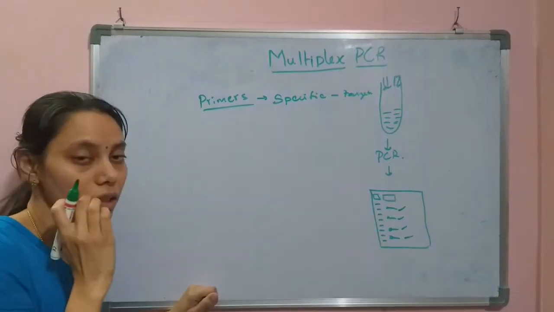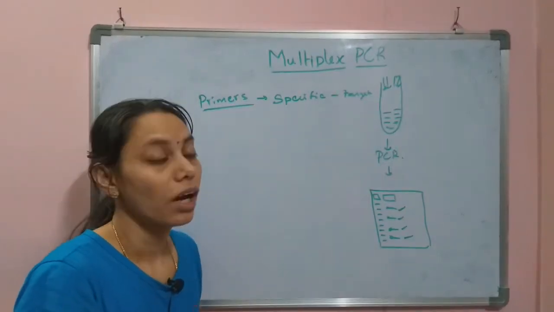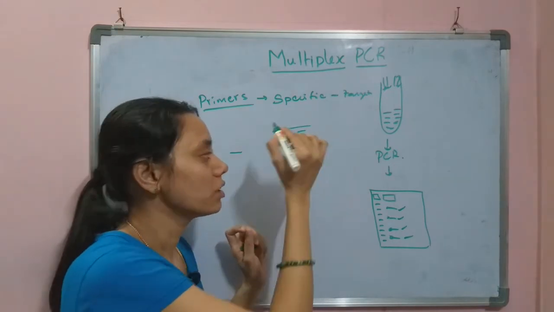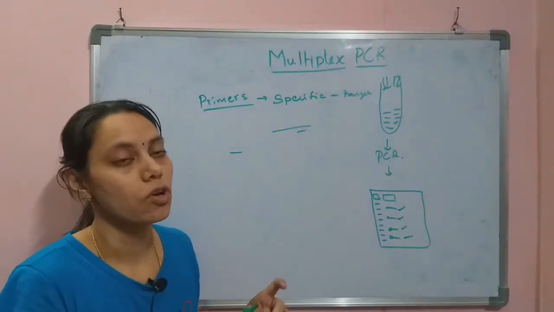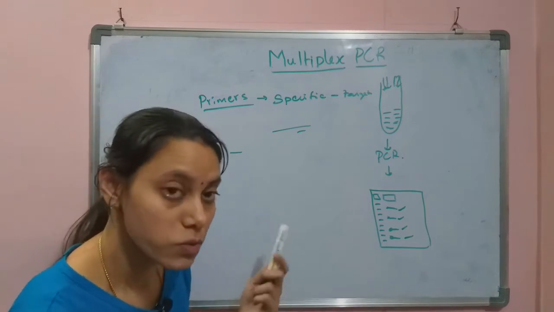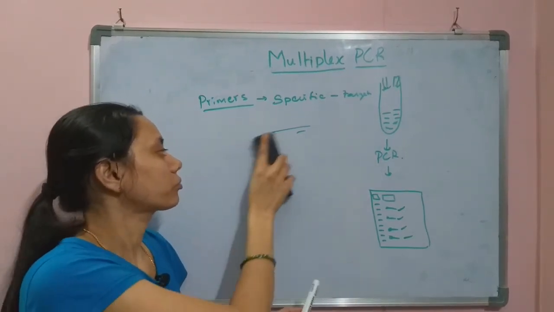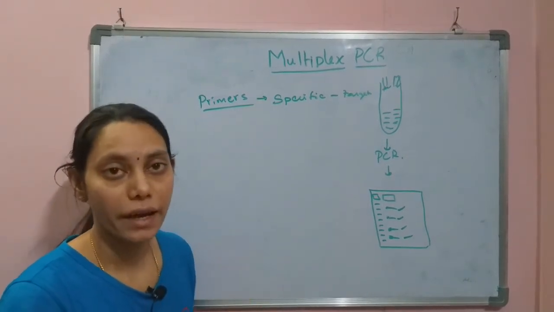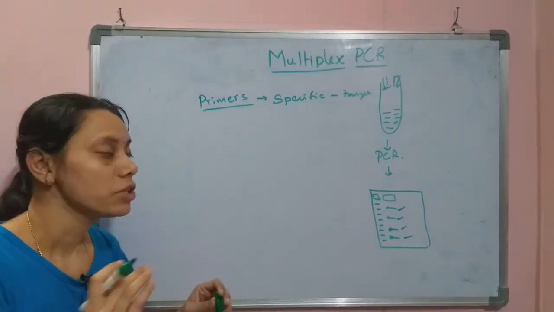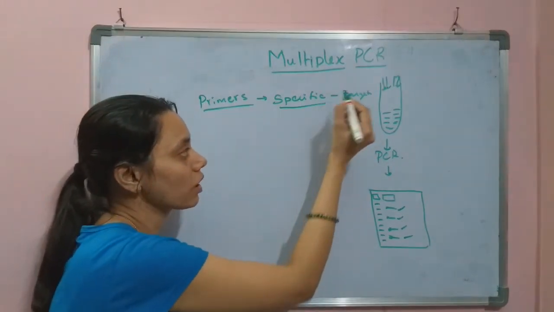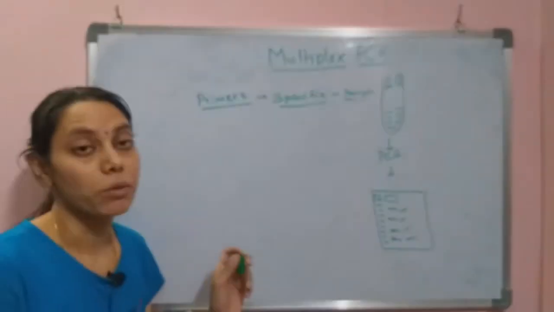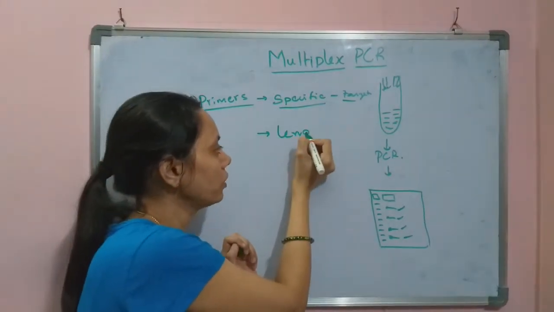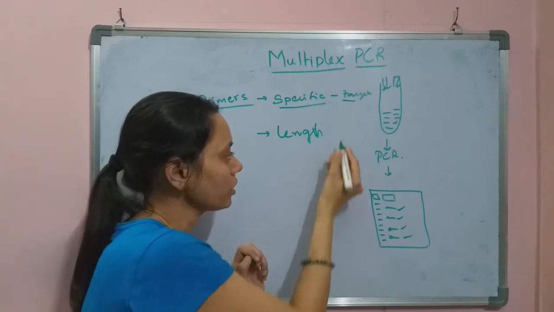Target and primer specificity is the key, otherwise there is a chance that a primer will go to other non-targeted sequences, and a false positive result may come. That corrupts the complete data. So we should have very specific target and primer sequences. Primers need to be very specific, and the length of the target.